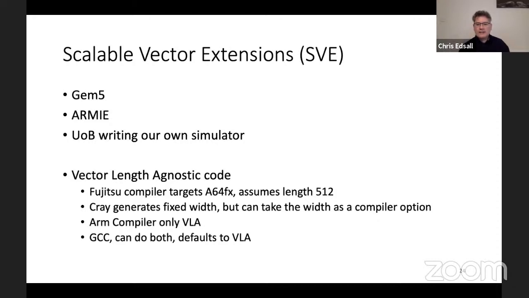The ARM compiler is the opposite way. Well, the ARM compiler does VLA only, and GCC can do both, but defaults to VLA. So this is probably not a concern right now, but it's something to look into in the future as these SVE chips become more widespread.